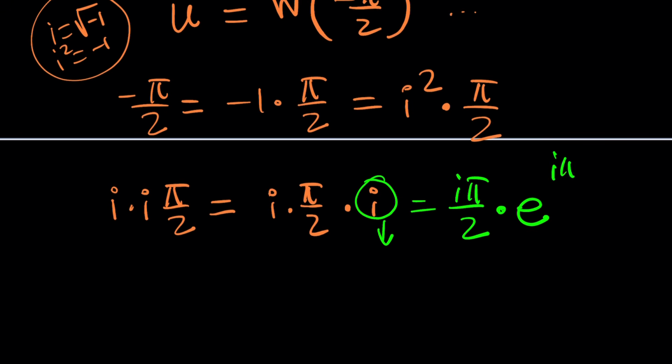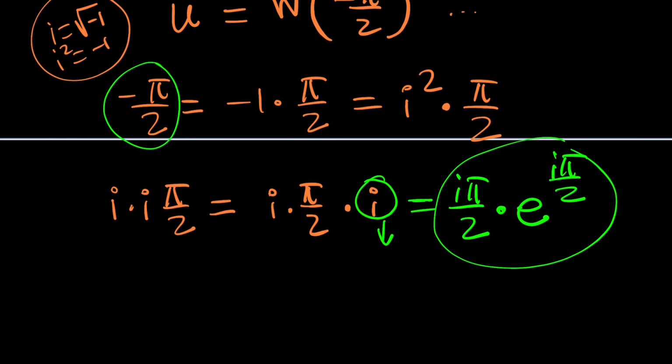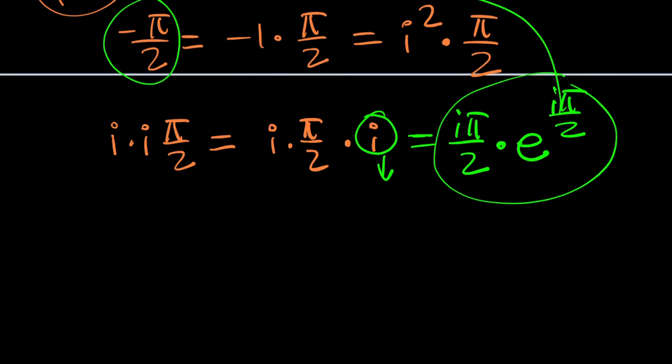And this makes everything a lot easier. Hopefully this makes sense. I started off with this, and I ended up with this. Can you imagine they're equal? So I'm going to put it back here. So now we have u equals W of negative pi over 2, which is i pi over 2 times e to the power i pi over 2.